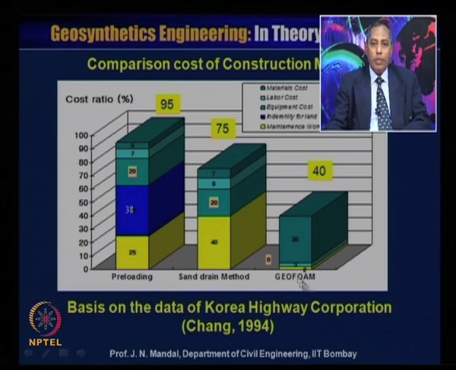Whereas if you adopt the Geofoam system, here you require only 40% labor cost. So with these three systems, whether preloading, sand-in method or Geofoam method, the Geofoam method has a cost ratio of 40%. So it drastically reduces the cost of ground improvement if you deploy this Geofoam material, which is a super light material.